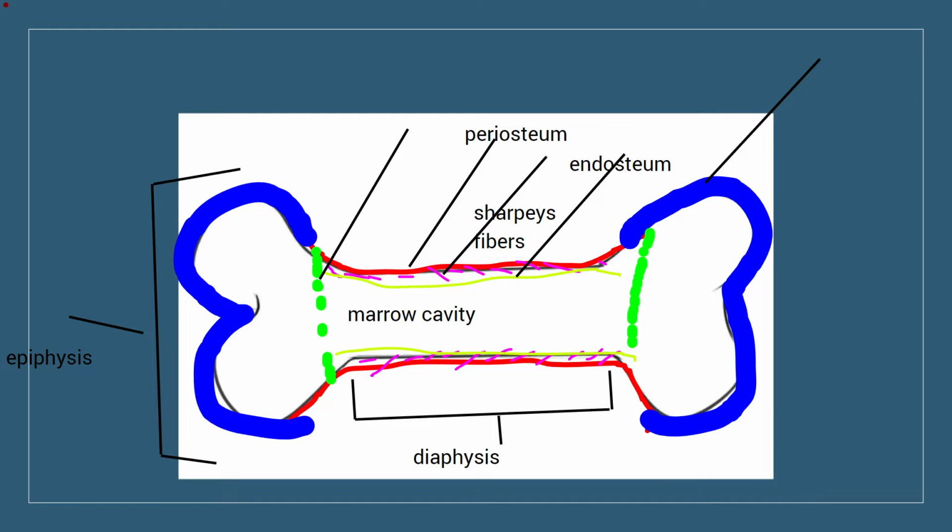The cartilage on the outside of the epiphysis is the articular cartilage. And it's made of hyaline cartilage. And then we have epiphyseal plate or epiphyseal line. You want to make sure you draw that. I'm going to give you a second to look at that.